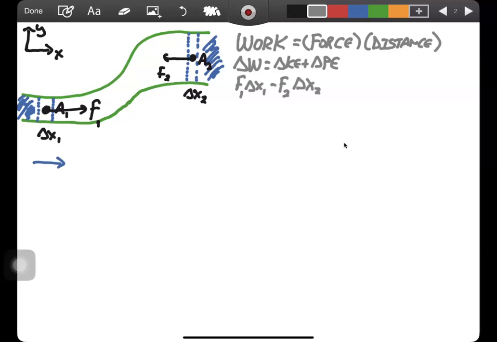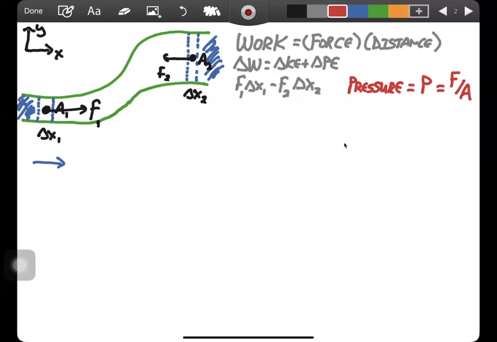Okay. Now, we also have a concept of pressure. And that's equal to the symbol P. And that is quite simply some force applied over some cross-sectional area. So you can imagine there's two different cross-sectional areas of the volume of water we're tracking, both on the left and the right.